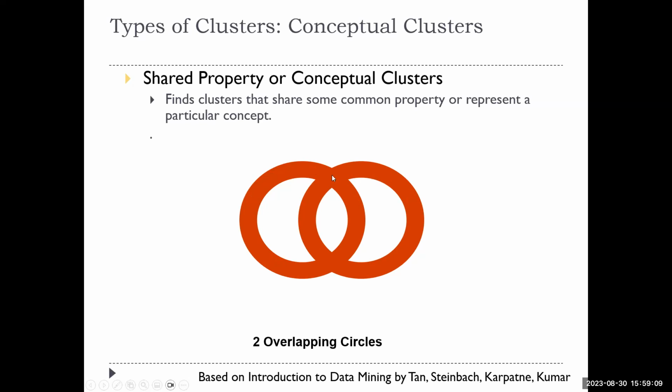If the data appears on intersection like this, then it's going to belong to both clusters. The difficulty here, this data here, if you look at here, this belongs to this second circle, although it is appearing in the middle of the first circle. So in this case, typical distance similarity measures will not work because this area is closer to the first circle.